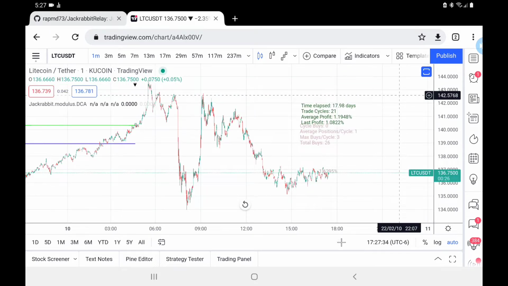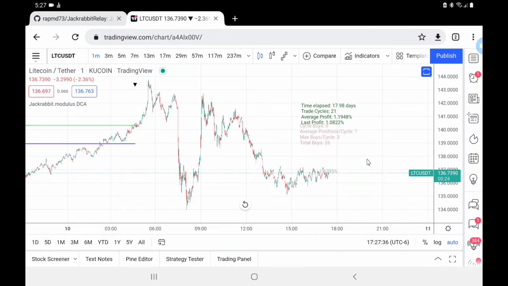Okay, now let's talk about what I'm actually looking for. Specifically, I want a high number of trade cycles. This is important. I want this particular recipe to really push high numbers of trades. The second thing that is important is my average position needs to be as low as possible.